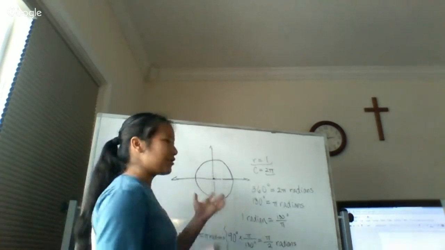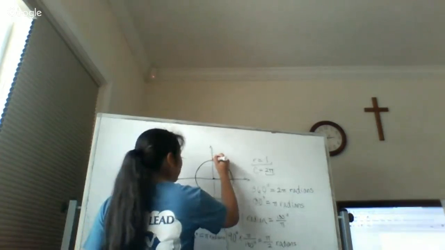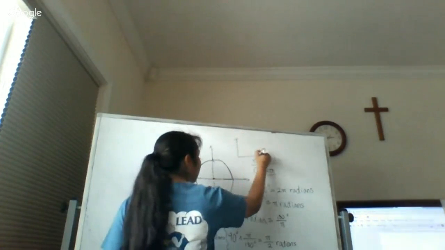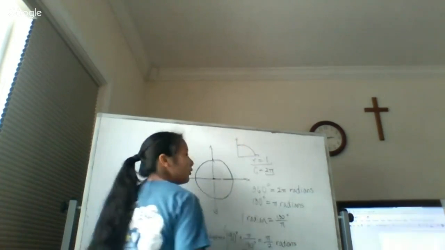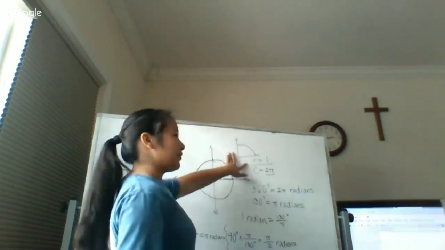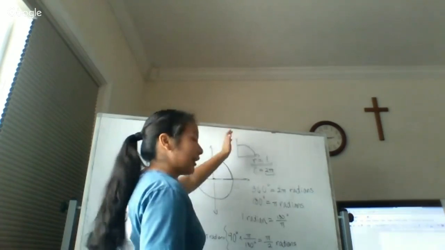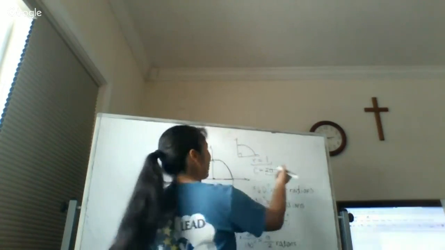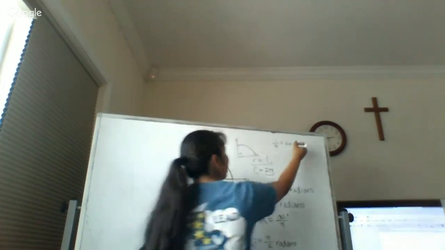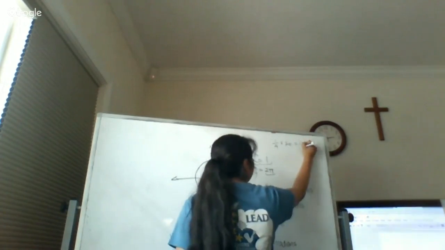So if we imagine this on a triangle, it makes a little bit more sense. Let's say we have 90 degrees here. So if we wanted to find the circumference of a circle with a quarter circle or 90 degrees, we could say, oh look, this is a quarter of a circle. So I just want to do 1/4 times 2 pi, and that'll give me the arc length of this, which is equal to pi over 2.